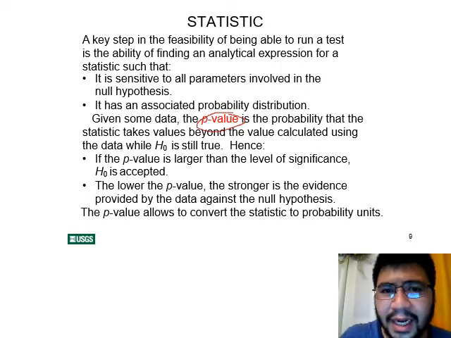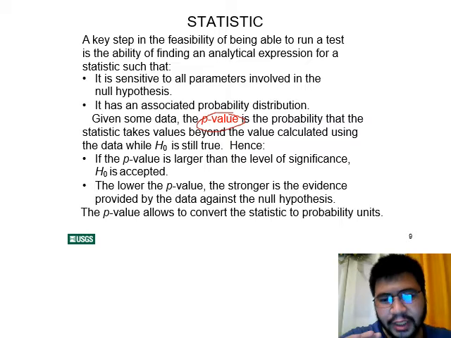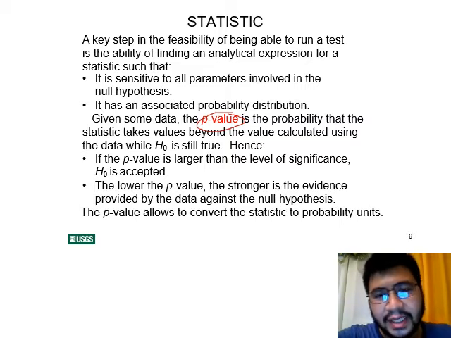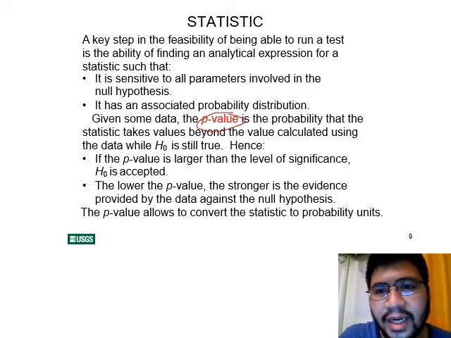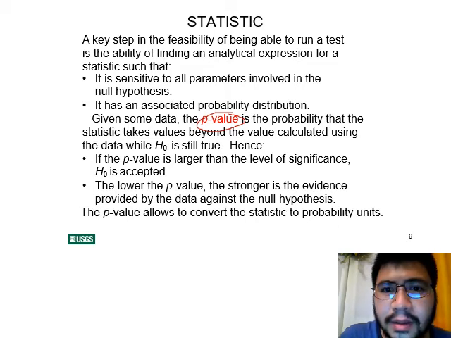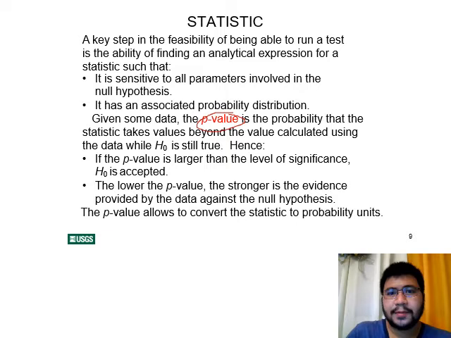The higher the p-value, the bigger the chance that the stuff you're pushing for in the alternative hypothesis is just due to random chance. So the higher the p-value, the weaker the support for the alternative hypothesis.